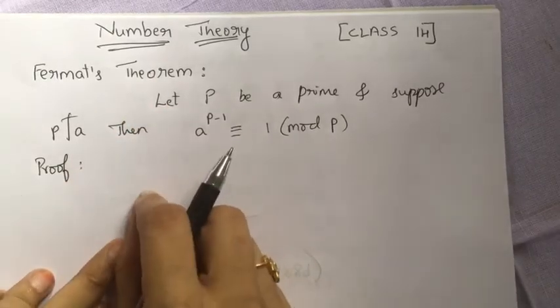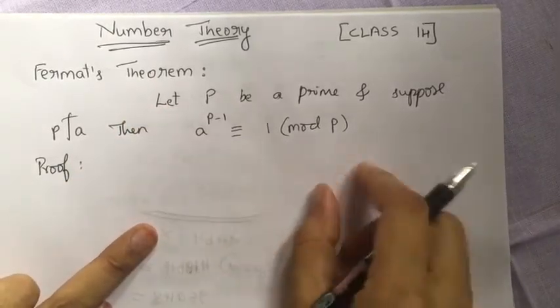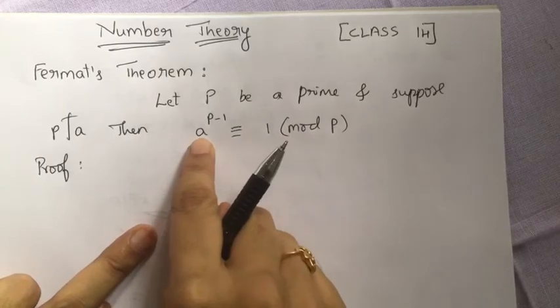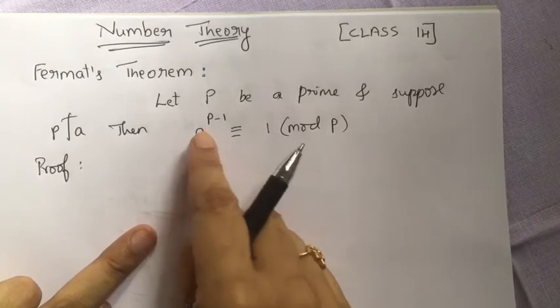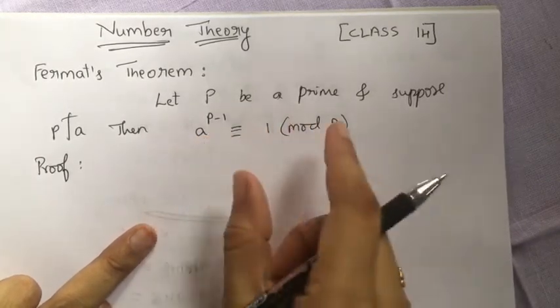Let us take the first p minus 1 multiples of a. Okay, a, 2a, 3a, like that, up to (p minus 1)a.